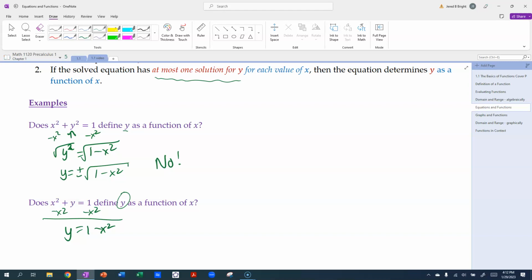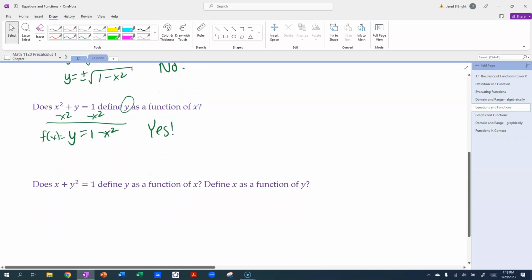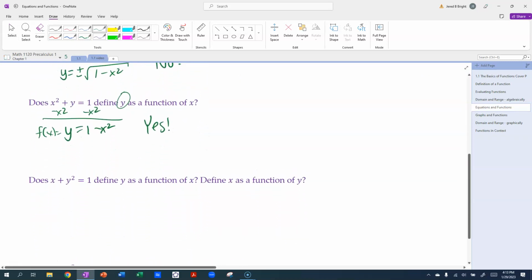If I insert a single x value, I get one y value. So yes, y is a function of x. We can actually write f of x is equal to y is equal to 1 minus x squared in this case. Again, I got one y value for one x.